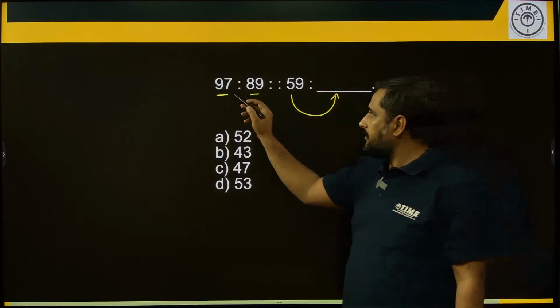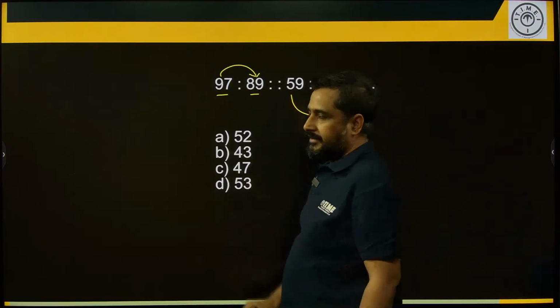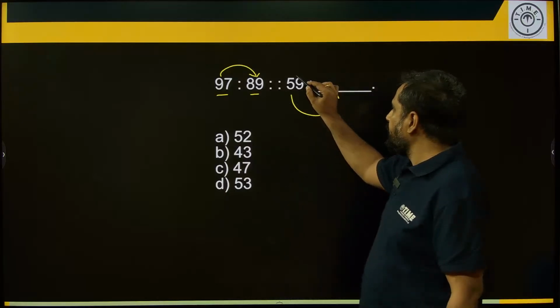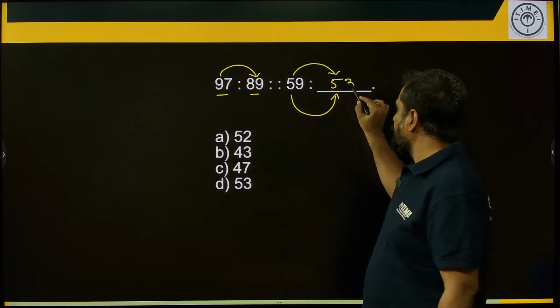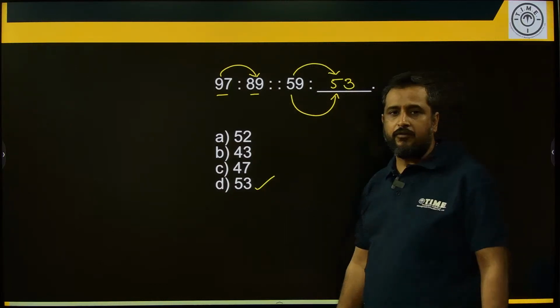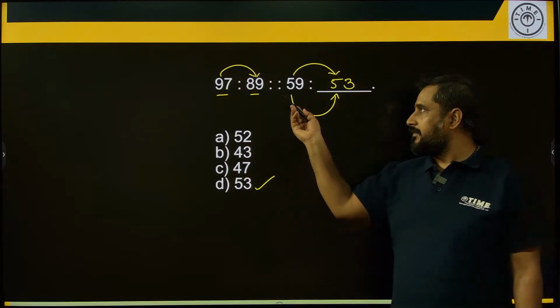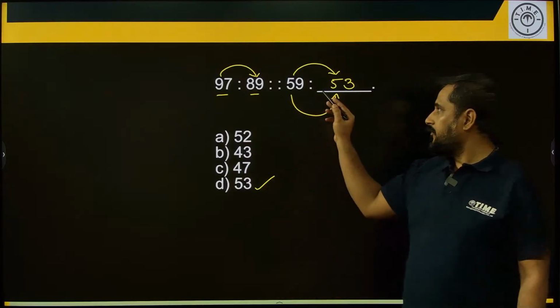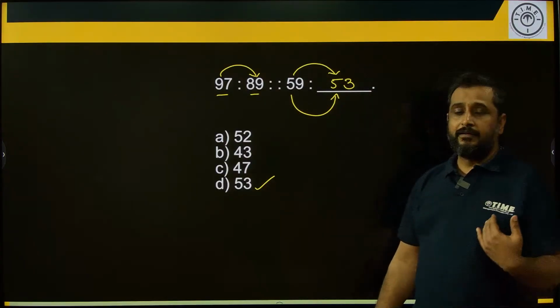Now 97 preceded by a prime number is 89, the previous prime number. Similarly, 59 preceded by a prime number is 53. So the required answer is 53. Prime numbers logic: consecutive prime numbers in decreasing order. You may think, sir, can we apply the difference logic?